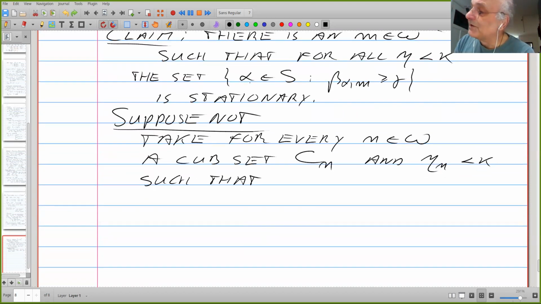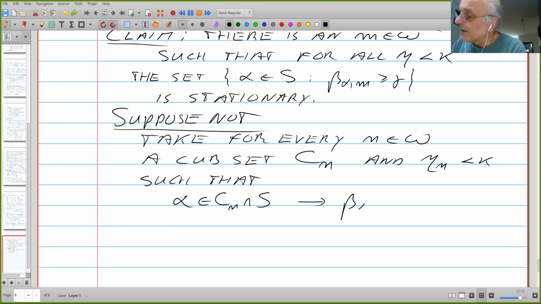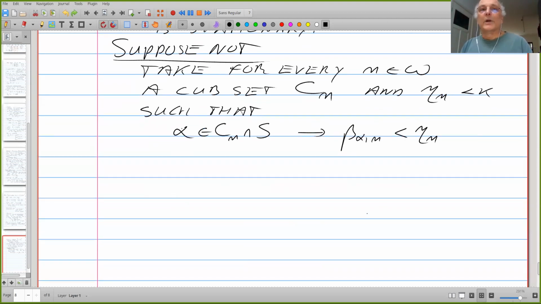Cn is disjoint from the corresponding subset of alphas. That means if alpha belongs to Cn intersect S, then beta alpha n is less than eta n. So for all the alphas in that closed and unbounded set that also belong to S, the nth term of the sequence stays below eta n.